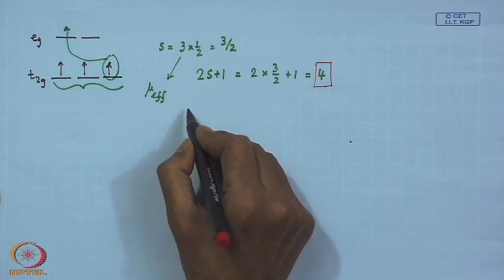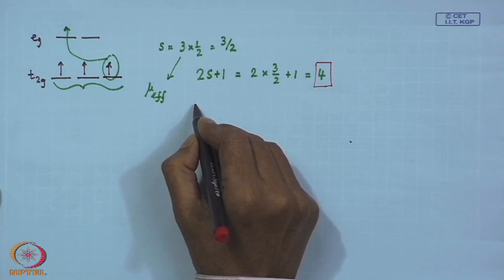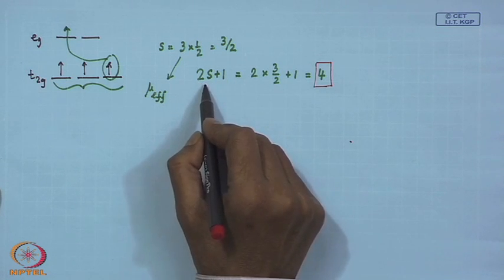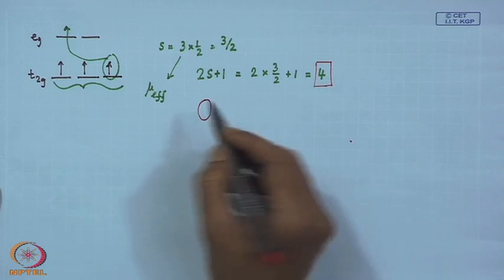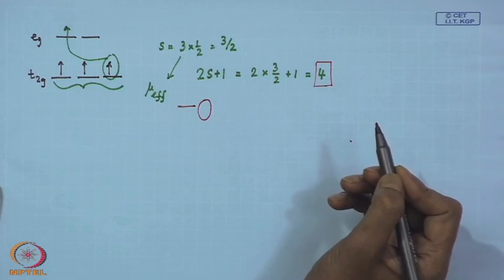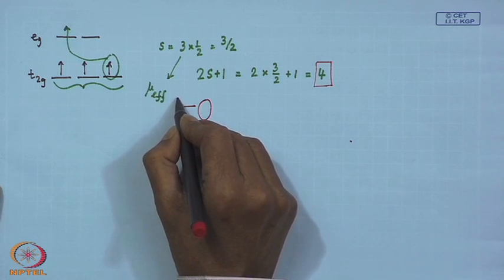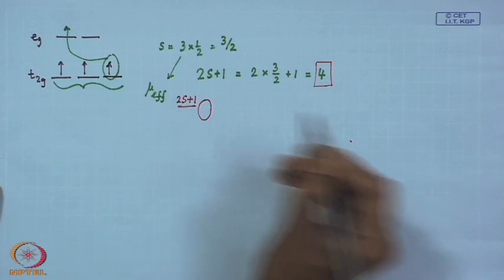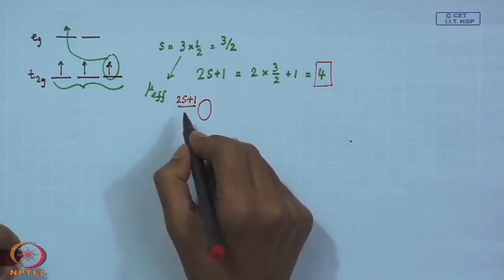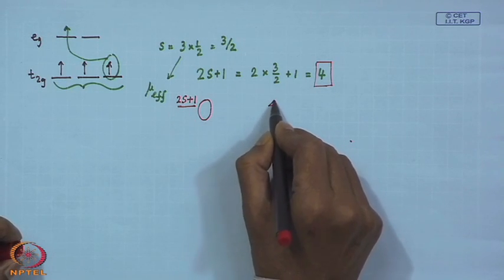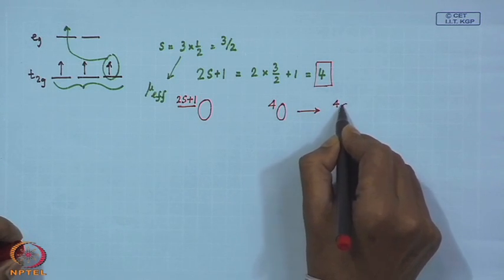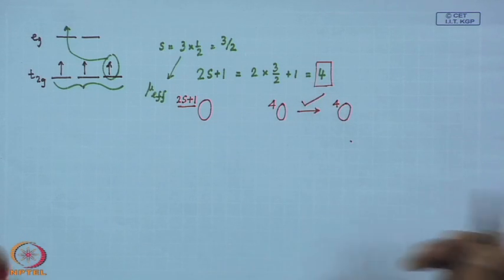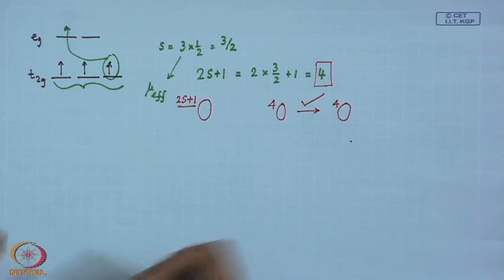So, if we consider a transition from a spin multiplicity of 4, because in the term symbol for a multi-electronic configuration we write 2S plus 1 as the left superscript, the spin multiplicity is not changing. That means a transition from a multiplicity 4 state to another state having the same spin multiplicity is allowed, which is the first rule of the Laporte selection.